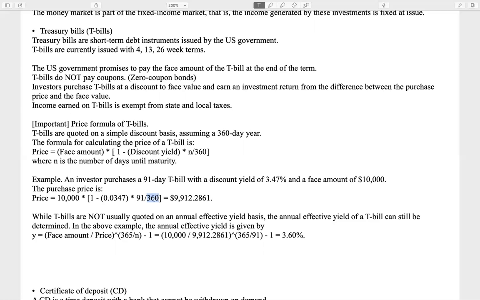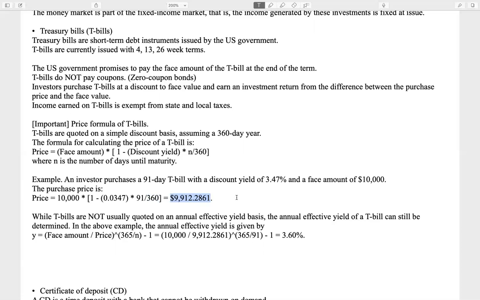Remember you divide by this, not 365. By the way, if I remember correctly, for Canadian bills, they divide by 365. Different governments or different departments of Treasury have different rules on that. For the US, you divide by 360. Then you get the price.